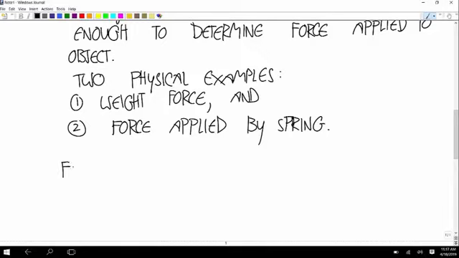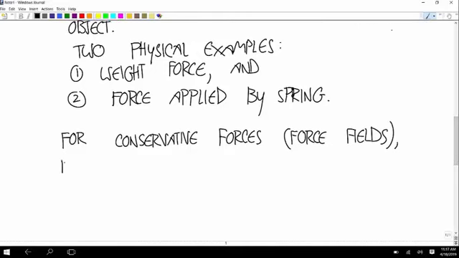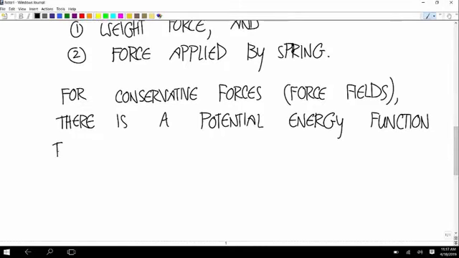So for conservative forces, which is the same thing as saying force fields, there is a potential energy function that depends only on the object's location and properties of the object, properties of the spring, that kind of stuff, but depends only on the object's location.